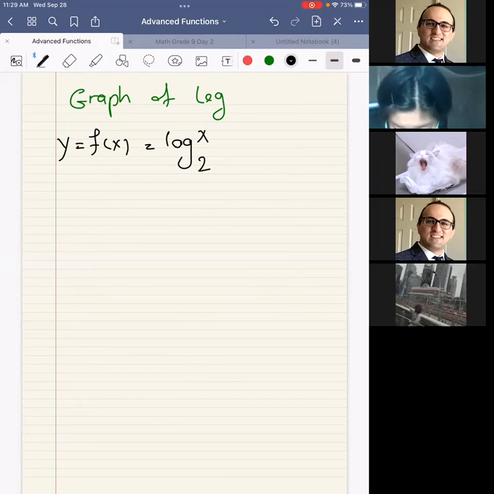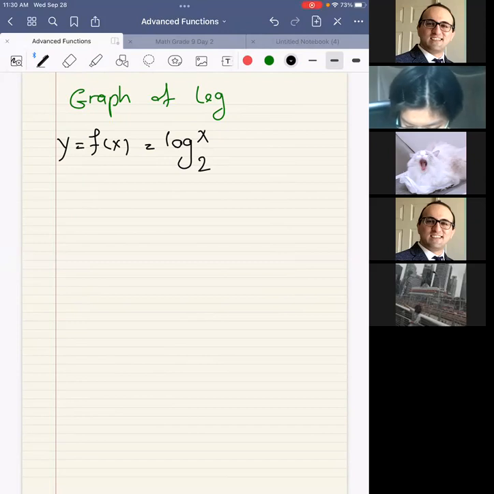So this is the inverse of 2 to the power x. When you have the inverse of a function, the range and the domain will switch. So the domain of the inverse function, that means the domain of the logarithm, is the range of the exponential.